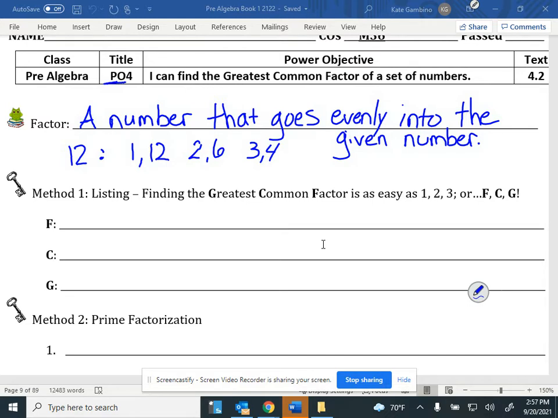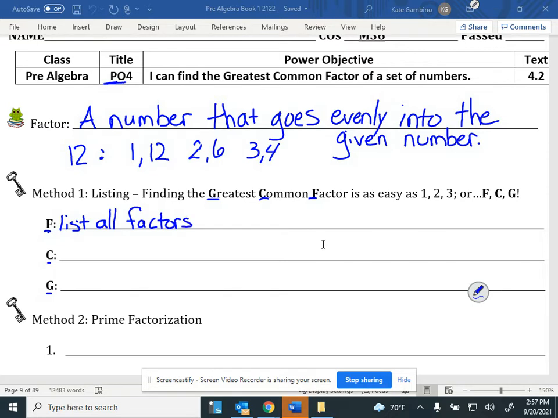The first one is finding the GCF using those. So it actually goes backwards, GCF. So we start with the F. That is the factors. You need to list all factor pairs. I call them factor buddies.